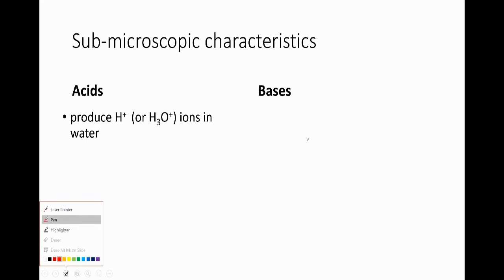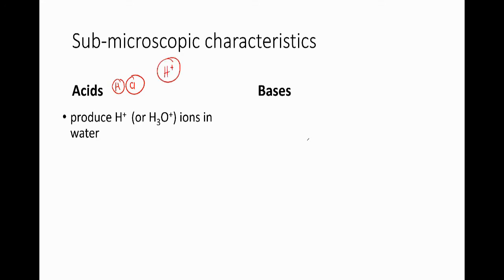When you drop your acid in water, let's pretend that you've got your hydrogen and your chlorine, let's pretend it's hydrochloric acid, those ions will break apart and you're going to produce hydrogen ions. That's one thing that's characteristic of an acid: it produces hydrogen ions when released in water.